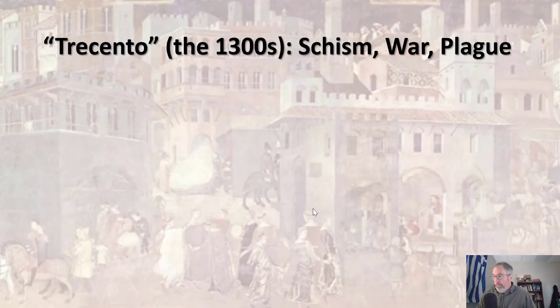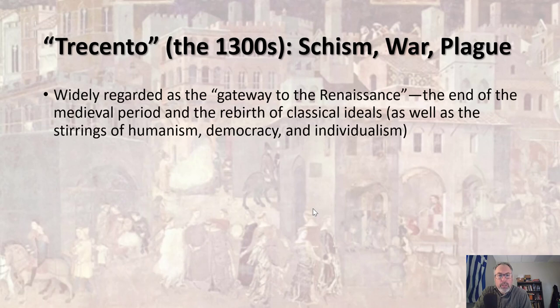All right. Okay. So, I skimmed over a ton there, but that more or less gives us a brief background to get us to what is sometimes called by academics the Trecento, which is just Italian for 1300, this 14th century. And it's a brutal century.